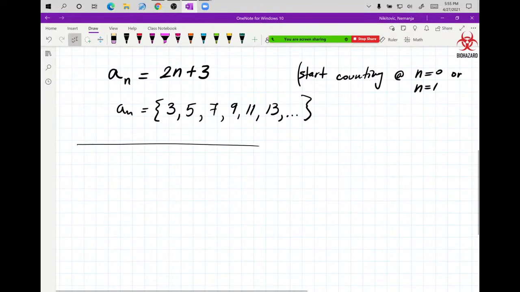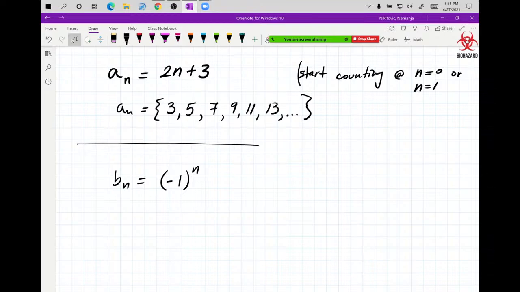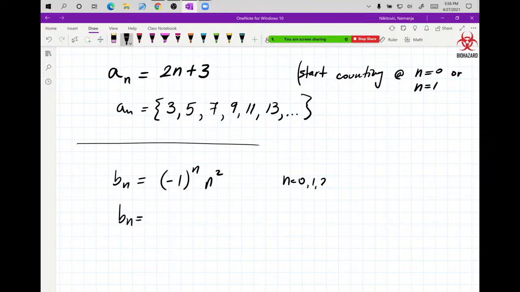So an alternating sequence, let's say bn, is going to be negative 1 to the n times n squared. Why not? As I said, you can literally put anything. It doesn't matter. So if you start counting now at 0 again, zero squared is 0.